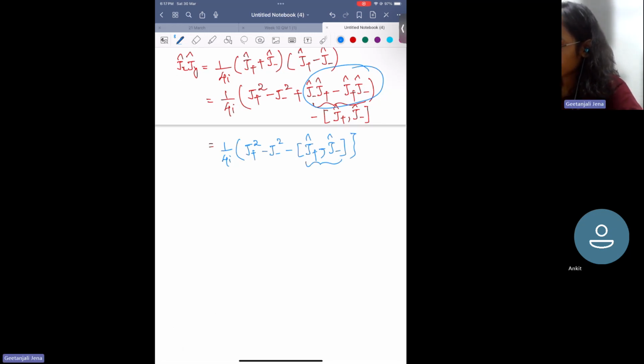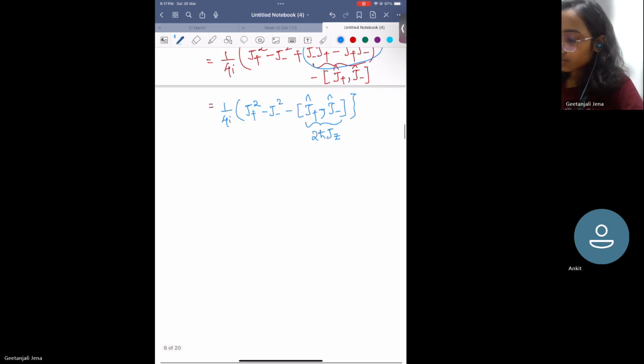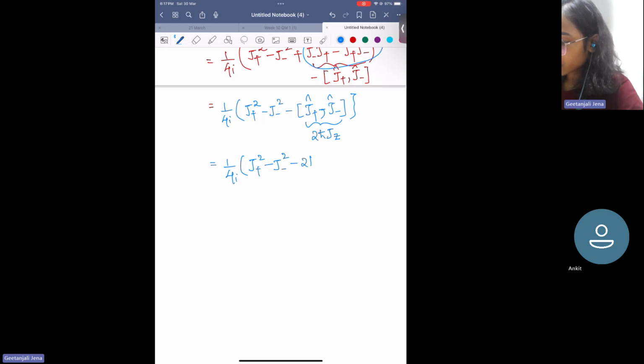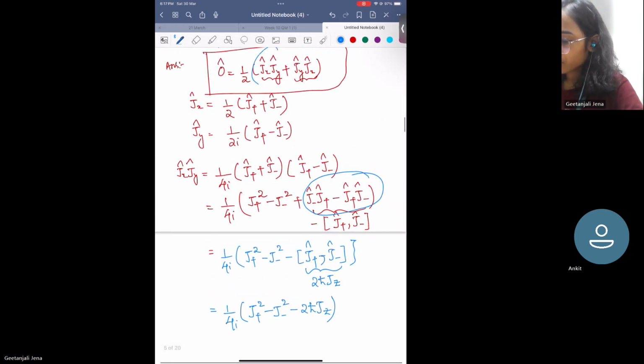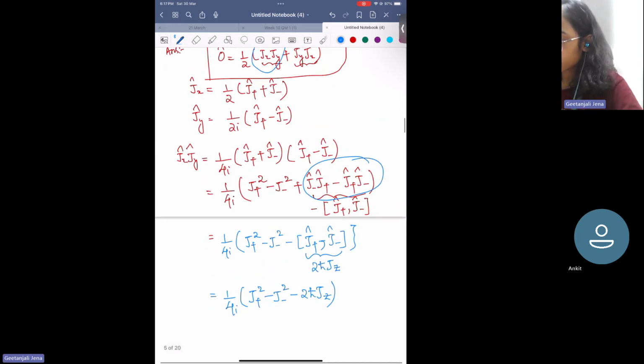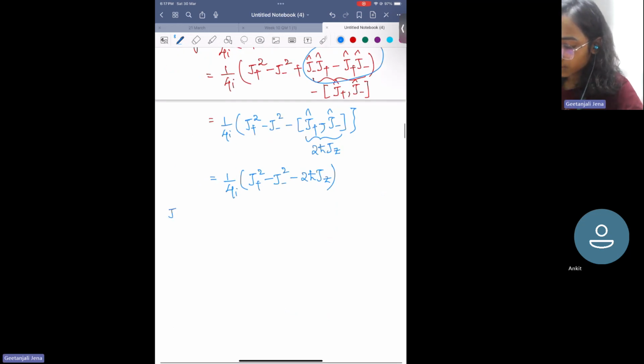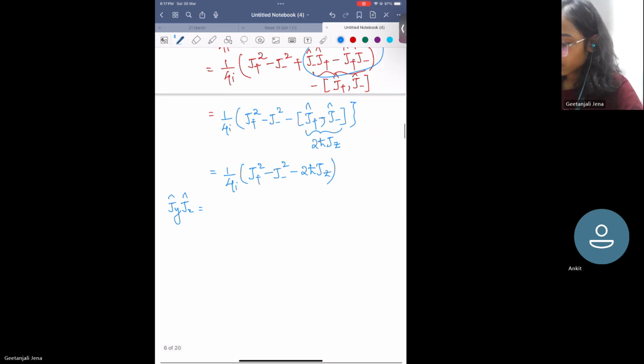This, you know, is nothing but 2ħJz. So the final expression would be 1 by 4i (J plus squared − J minus squared − 2ħJz). So this is the expression for the first term. Now let's see the second term, which is JyJx.